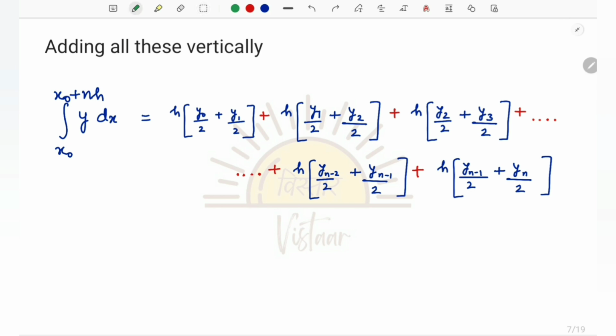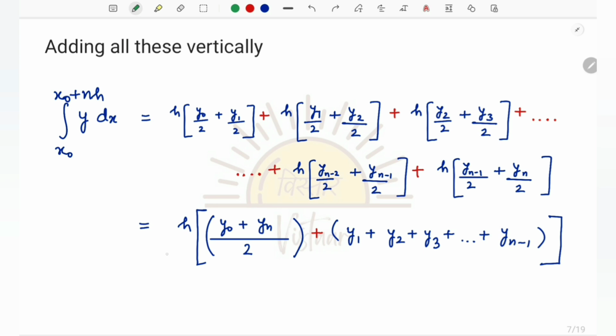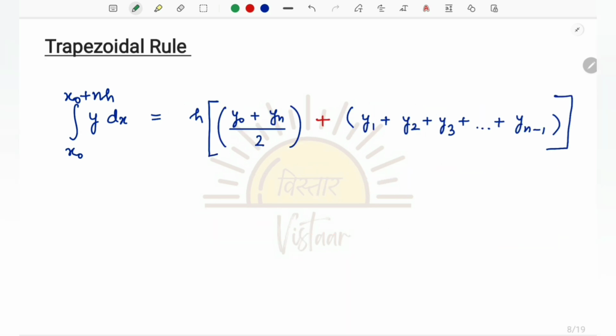Here you can see that h can be taken as common, y0 by 2 and yn by 2 can be taken together, and the rest of the terms are y1 by adding these, y2 by adding these, and we can write it as h times ((y0 plus yn) by 2 plus y1, y2, y3 up to y(n minus 1)). So this is known as the trapezoidal rule.